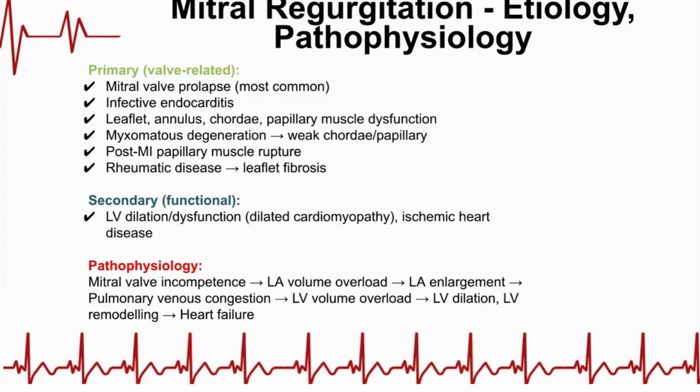When that happens, the heart becomes stiff and less compliant, so it tries to produce a really high systolic pressure. When that systolic pressure is applied, sometimes a small volume of blood can actually push past the mitral valve back into the atria. So this is something else that can happen.